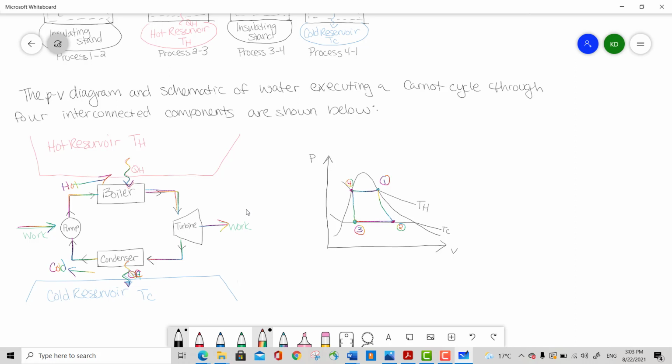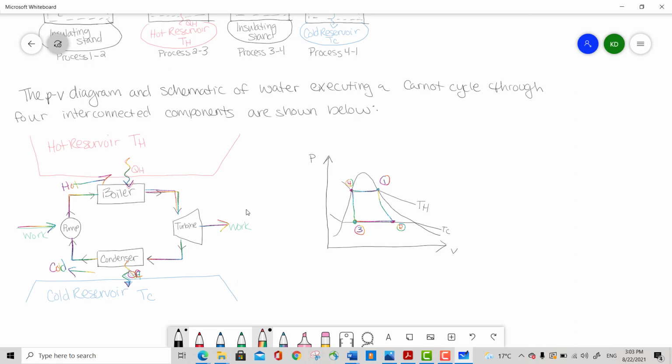So here we have that boiler. We're at 1, we're coming down, down, down, going through to 2 when we're starting to use that condenser, and then we're coming back up to this hot temperature by way of work coming into the pump when we're getting into 4, and then we're going back around for these processes of 1 through 4.